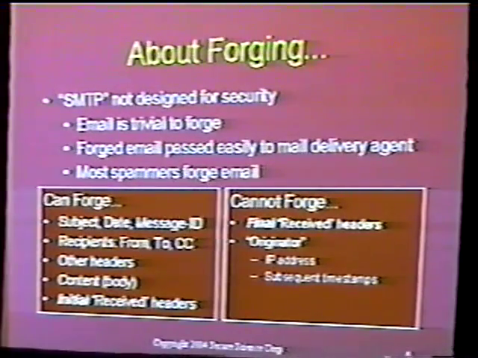Finally, that stack of received headers, the initial ones, the ones at the bottom of the stack, can be easily forged. What cannot be easily forged are the final received headers, the ones at the top of the stack. And every final received header should have an origination IP address and timestamp, and those also are difficult to forge.